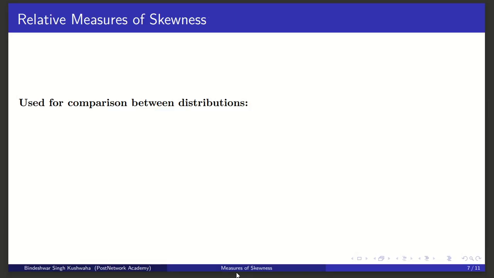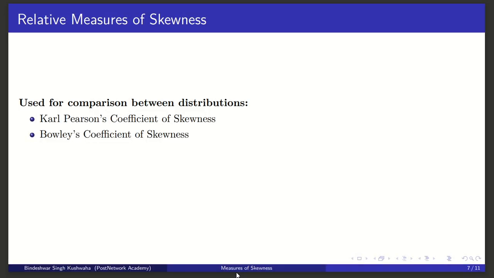Now let us see relative measures of skewness. Absolute measures of skewness are not useful for many reasons, so relative measures of skewness are used. The first one is Karl Pearson's coefficient of skewness. Karl Pearson was a renowned statistician.